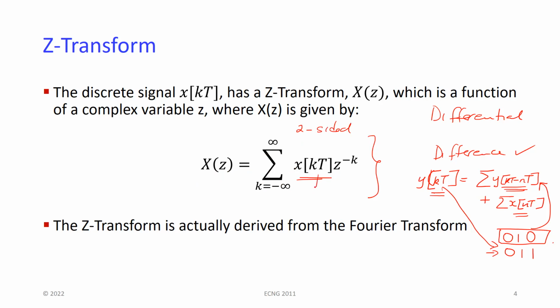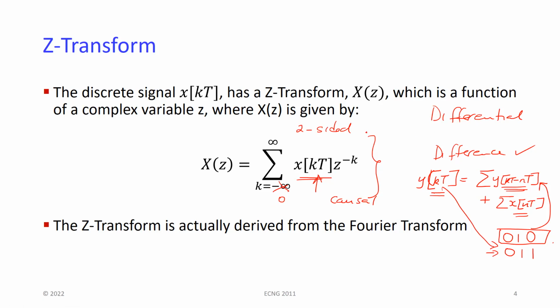If XKT is causal, meaning that K starts at 0, then we could change the lower limit of the summation to 0. In this case, we create what is known as a one-sided Z transform.